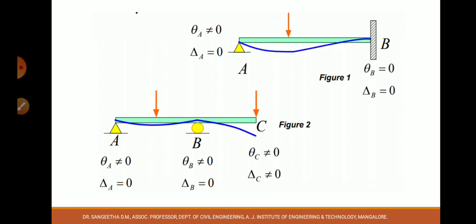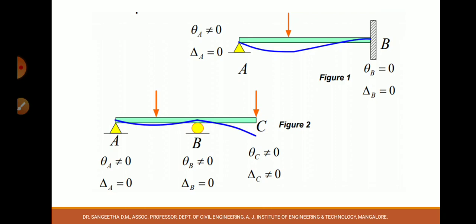When something is not restrained, then all the parameters come: H, V, M. H and V together I will call a force. Whenever force comes, then delta comes. Whenever M comes, theta comes. Okay. With that condition, the support conditions are very clear and easy for you to remember.